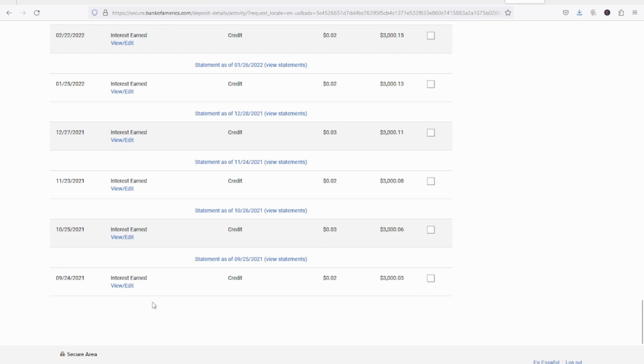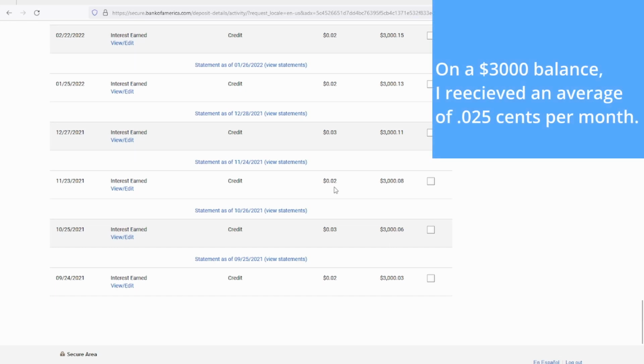So at the end of September, on the 24th of September, I got 2 cents as my interest earning. Then the next month I got 3 cents, and the next month I got 2 cents. This is on $3,000. Okay, 3 cents, 2 cents, and so forth.